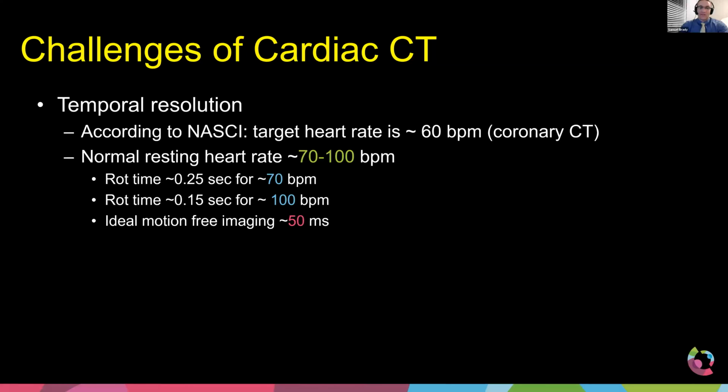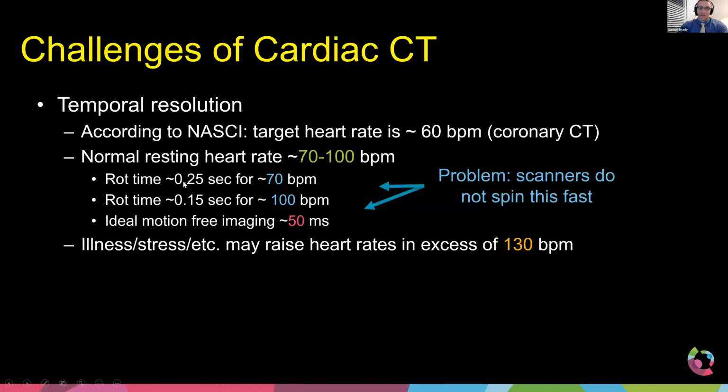And if you want perfect, ideal, completely motion-free, crisp, clean margins, you actually need to be imaging at approximately 50 milliseconds, so 0.05 seconds. If we can do 0.25, 0.05 is not even close. So most scanners can't do this. Some scanners can at least do 0.25.